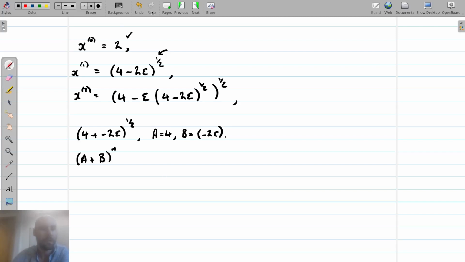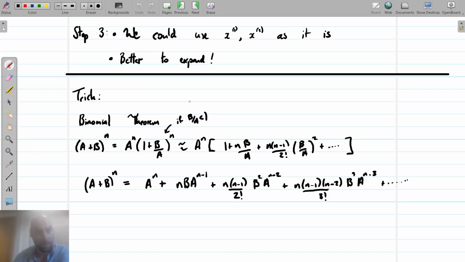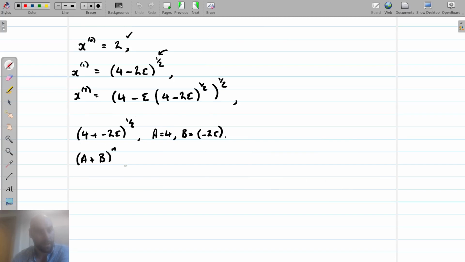Okay, so I can go and grab this formula here, or I could also say what n is equal to, right? So n is equal to a half.